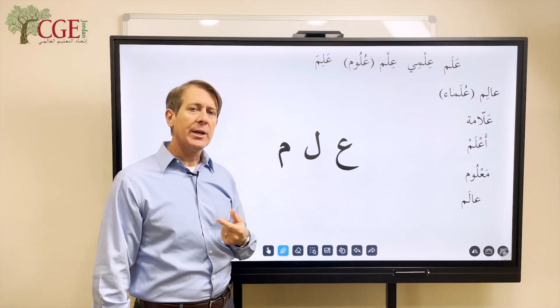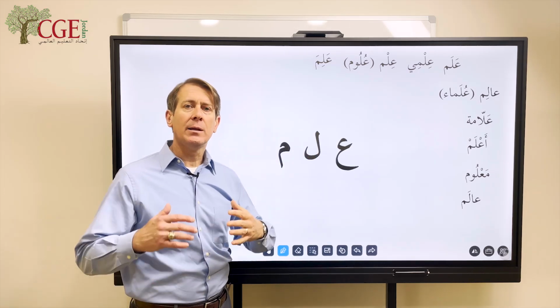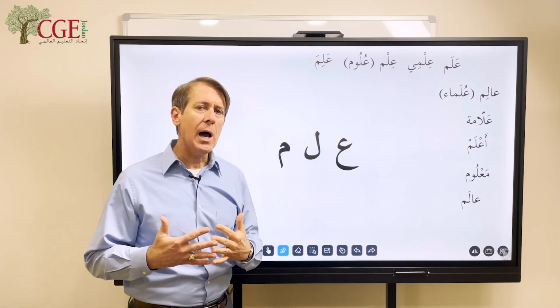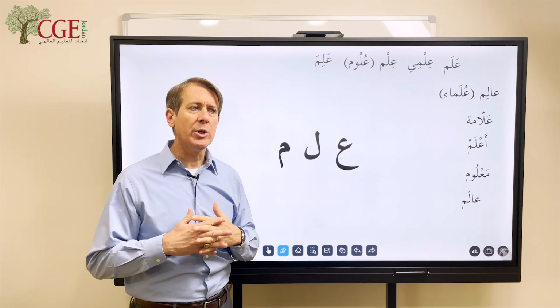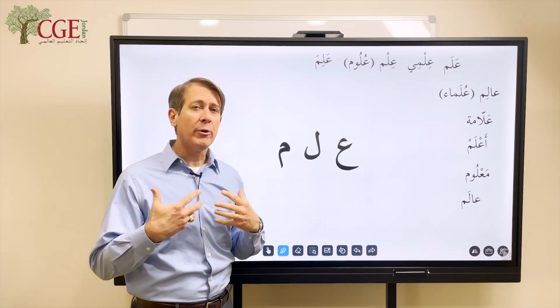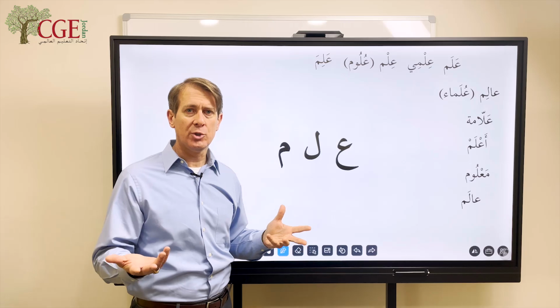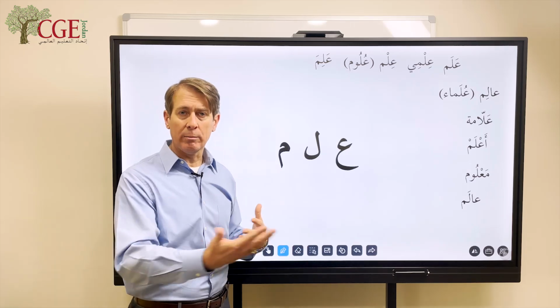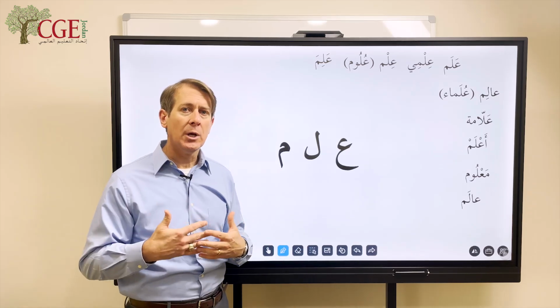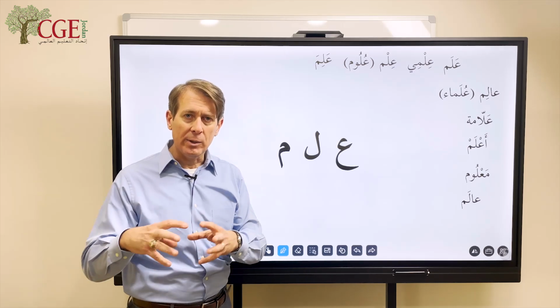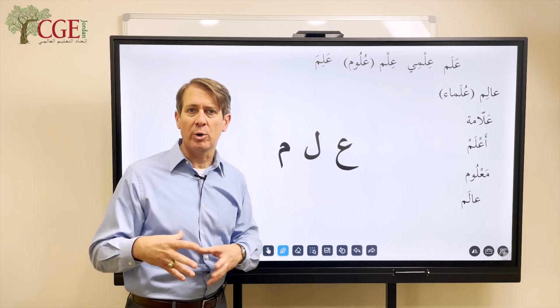Well, the connection is that in the ancient world, the people who had the most knowledge were the people who could gather that knowledge from sources based on their travels. So someone who travels a lot, like a merchant, would have more knowledge than a farmer in a small village.